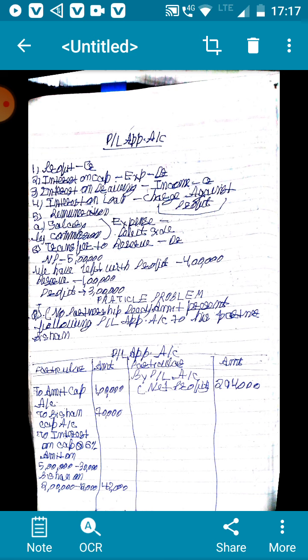We are left with a divisible profit of 4 lakh, because earlier we had 5 lakh.